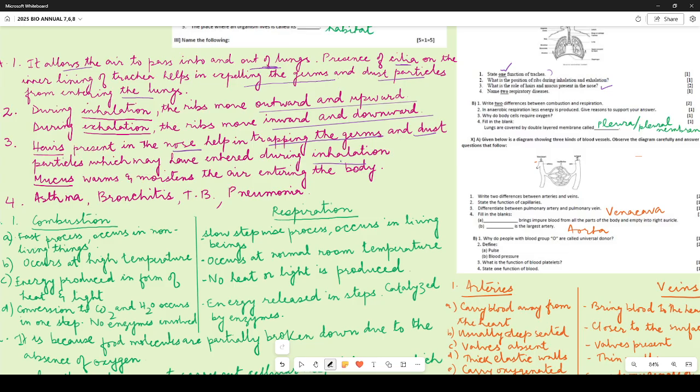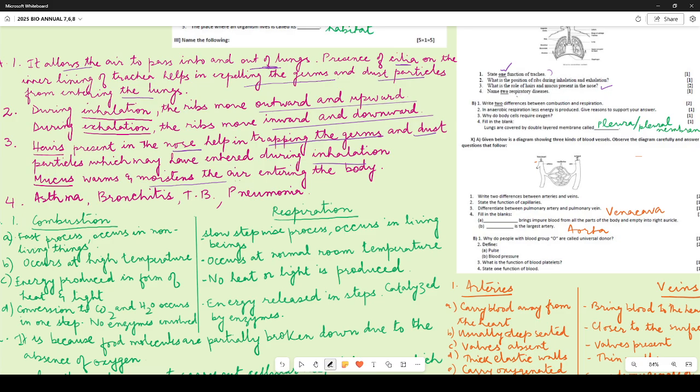So when you are inhaling, some germs, some dust might get in, and these hairs inside the nose help to trap them so that clean air enters the lungs. Mucus warms and moistens the air entering the body, so that dry air is not entering our body. It is warm and moist so that it can move through the respiratory tract easily.